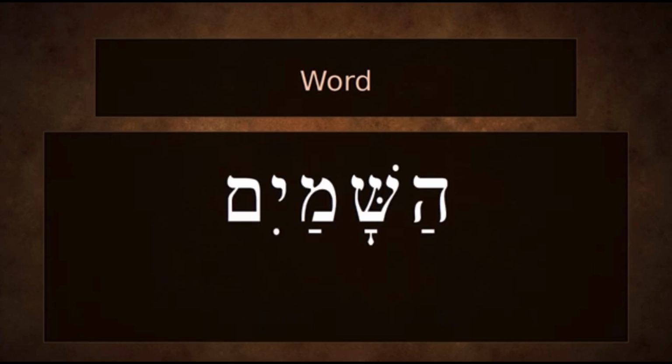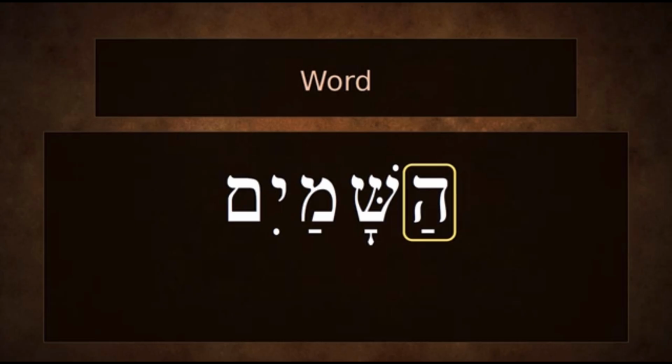Our fifth word is ha-shamayim. The first thing to notice is that this word starts with a hey, and there is a patach underneath the hey. And this is, in fact, the hey prefix, which means the. The word that the hey is attached to is shamayim.